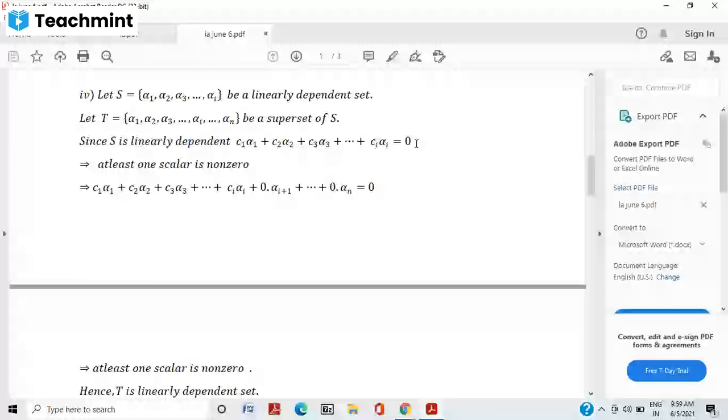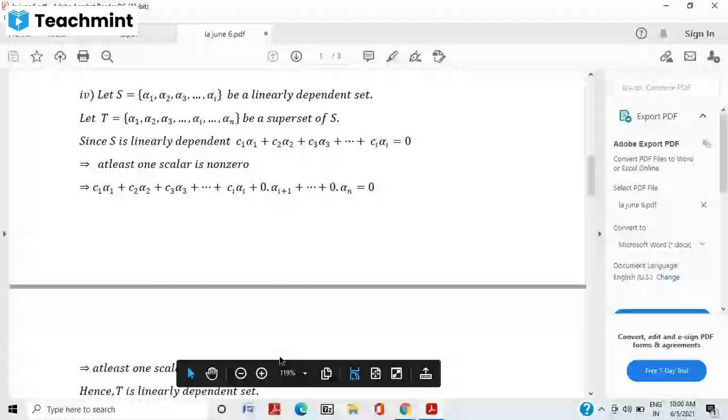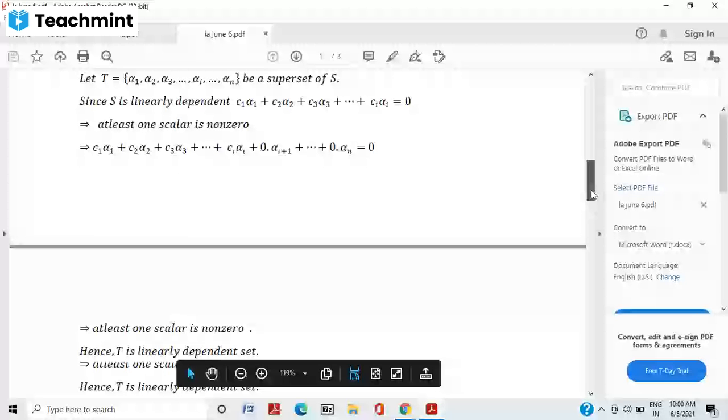But S doesn't contain the terms alpha I plus 1 to alpha n. Then we can write all these terms with coefficient 0. Then there is no change in the expression. This expression will be the same as C1 alpha 1 plus etc., plus 0 alpha n equal to 0. Here at least one scalar is non-zero. Then what can we say? It is linearly dependent.